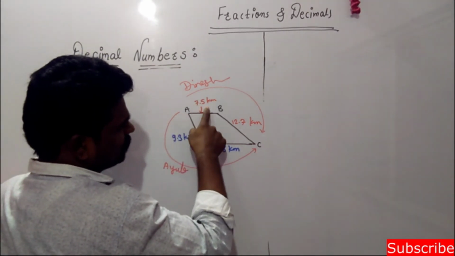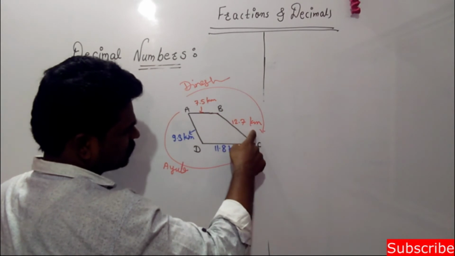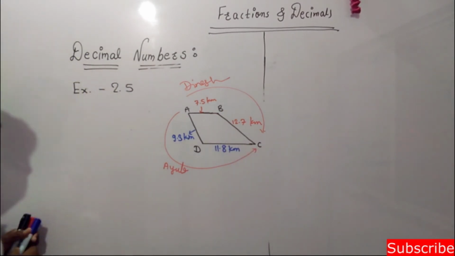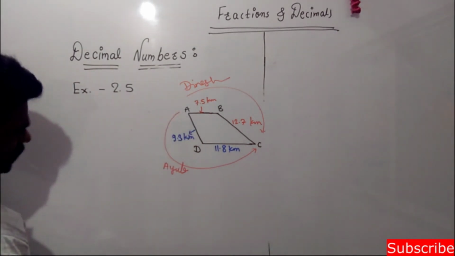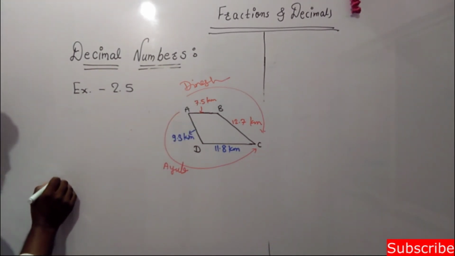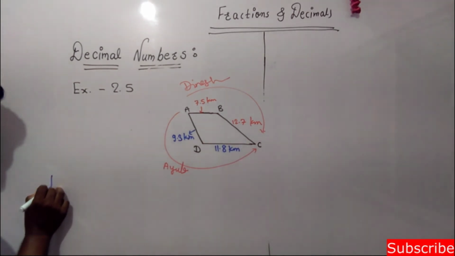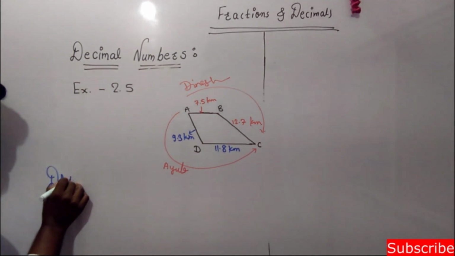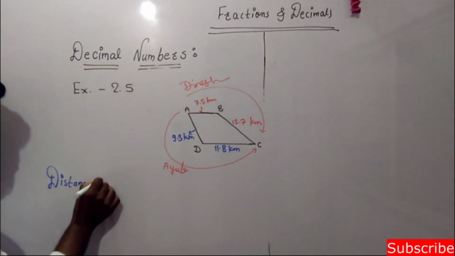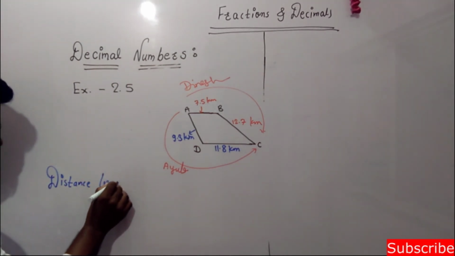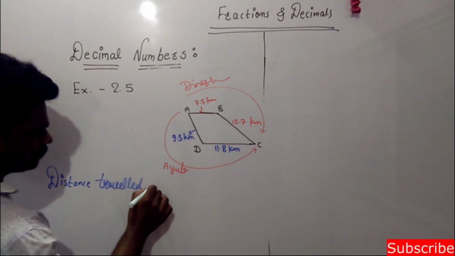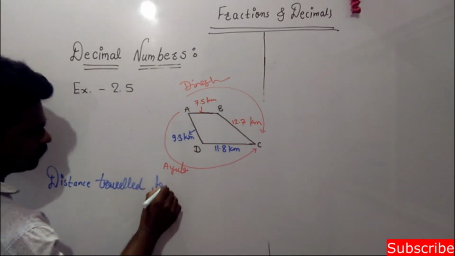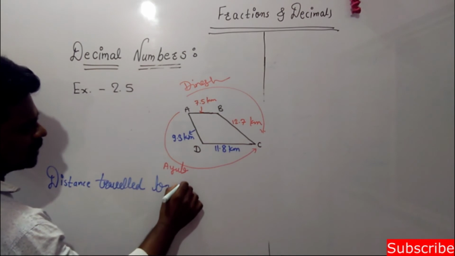Dinesh has traveled 7.5 km in the first phase and 12.7 km in the second phase. So we'll write here the total distance traveled by Dinesh.